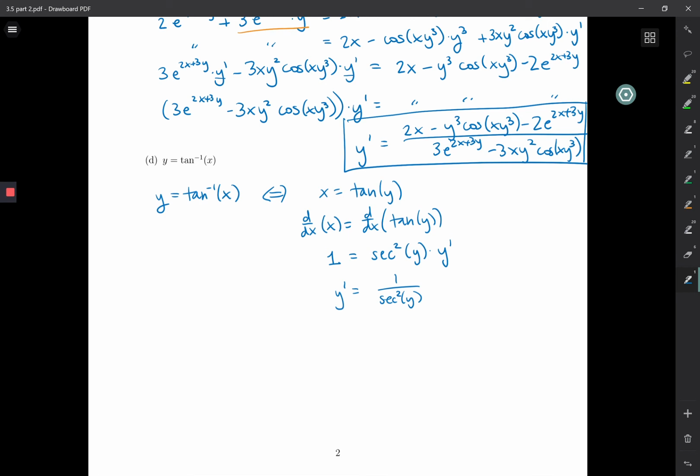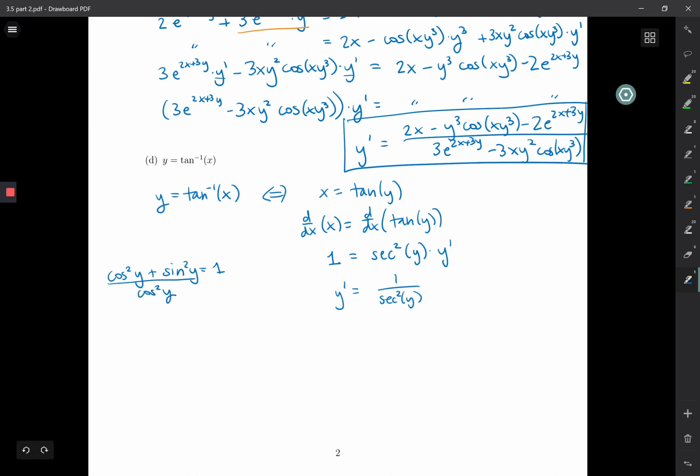Starting from what I would say is the most important trig identity, sine squared plus cosine squared equals 1, we can turn this into something that involves secant and tangent by dividing the entire equation by cosine squared of y.